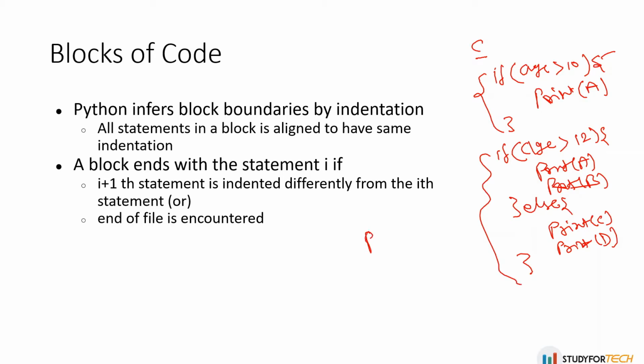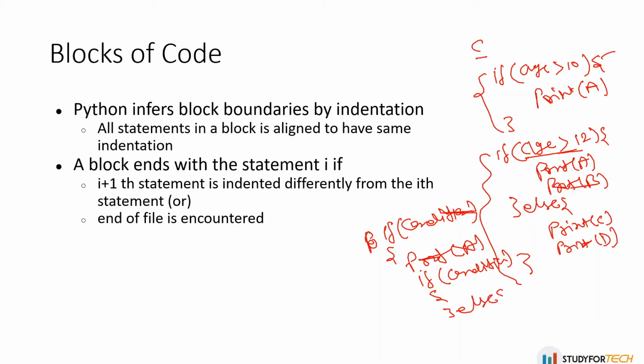The third form is that if condition, condition is nothing but this one, opening bracket, print A. If you want to write one more nested condition inside this if block, you have to write if condition and then opening and then closing, and you can write here else print C and then closing here, and then the if block is closed here, and then again you can write else opening and print D and closing here.